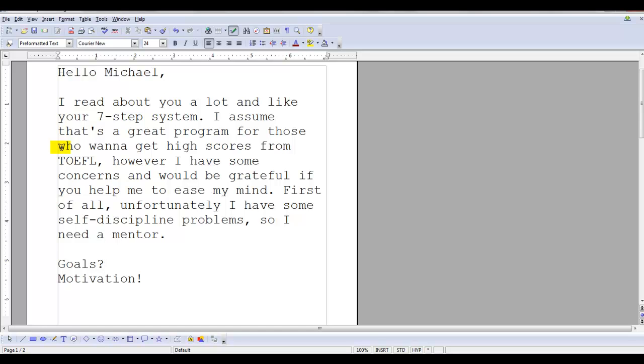So it's not just getting a high score. I mean, you have to understand why it is you want to do what you want to do, because if you want to get over 100, I just had one of my students last month, he scored 102 out of 120, but it wasn't easy.